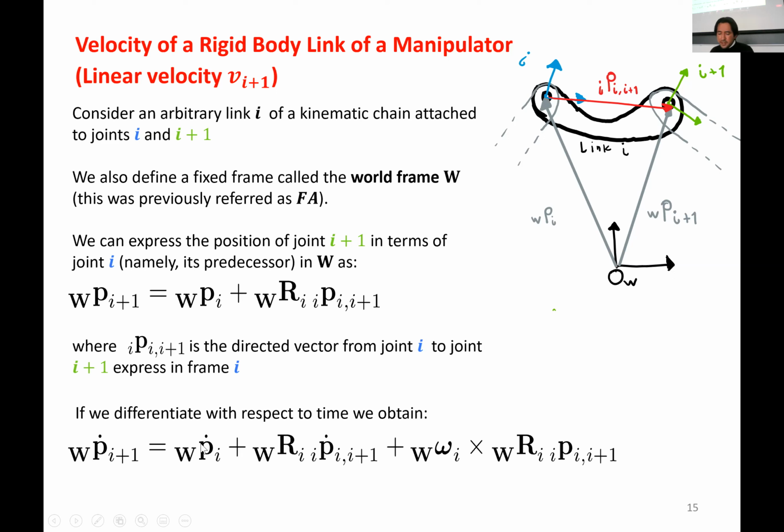The first term is just the time derivative of the position vector that points to link I. For the second one, we have the chain rule, and we get this first expression: we keep the rotation matrix constant and take the derivative of the point, and then in this one I'm replacing R dot with the expression omega cross R. I'm reminding you that this omega cross R is the expression for the derivative of a rotation matrix.